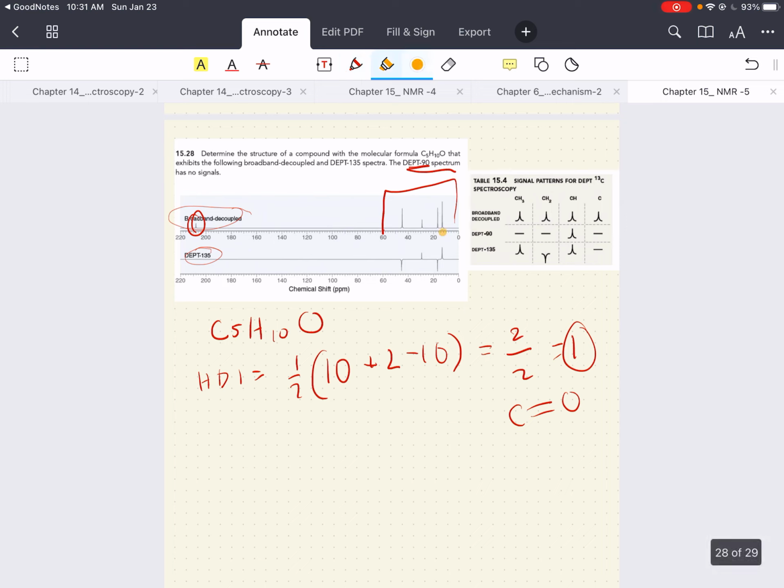In our broadband decoupled, we have a positive peak here, then nothing in the DEPT-90, and then another positive peak in our DEPT-135. That is a CH3 group, so we have one CH3 group for that first peak. Fantastic.